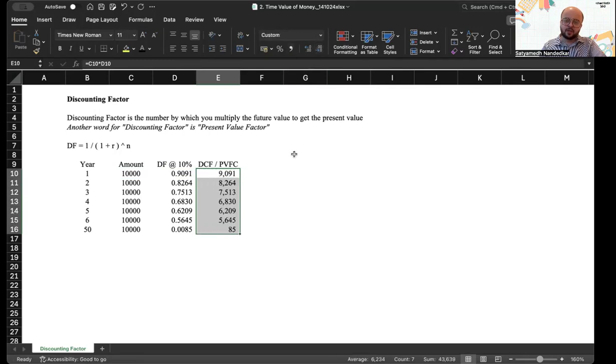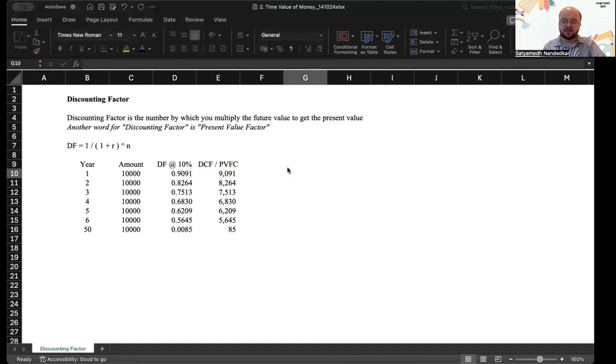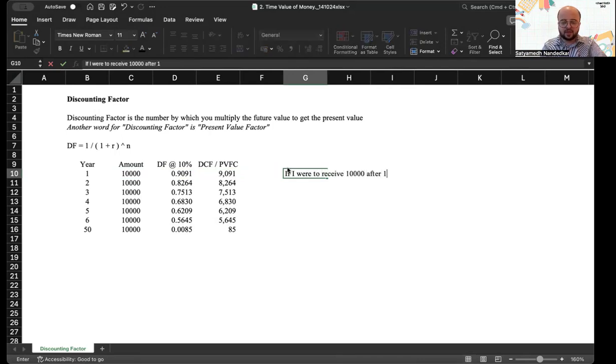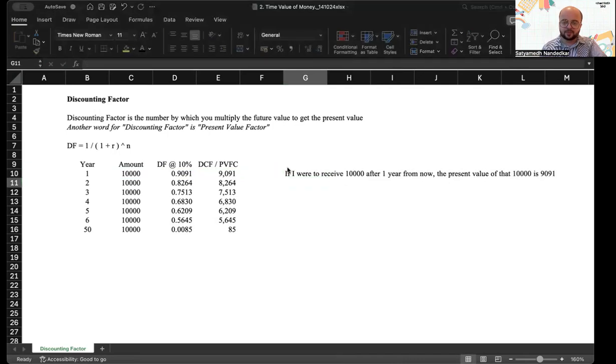Now, what does this column tell me? What is this 9091? 9091 means if I were to receive 10,000 after 1 year from now, the present value of that 10,000 is 9091.